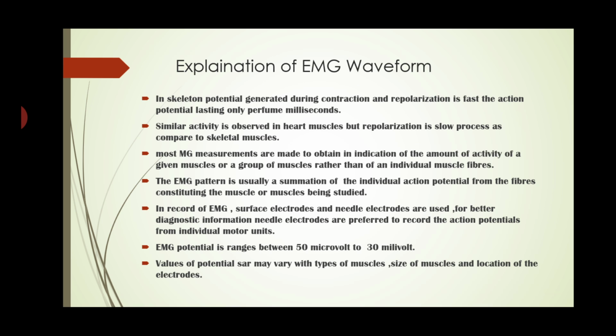For better diagnostic information, needle electrodes are preferred to record the action potential from individual motor units. EMG potential ranges between 50 microvolts to 30 millivolts. The value of potential may vary with the type of muscle, size of muscle, and location of the electrodes.